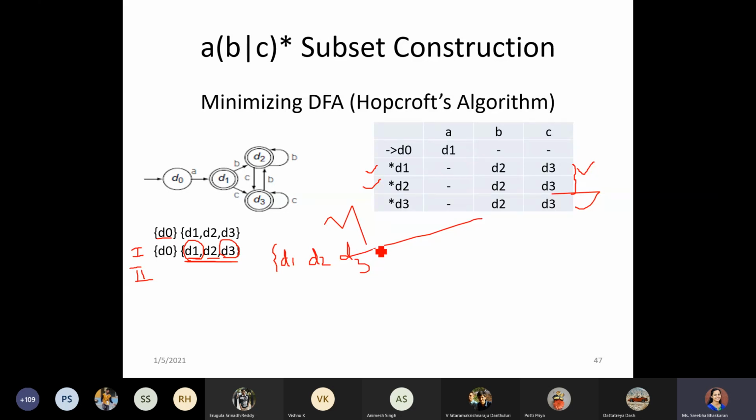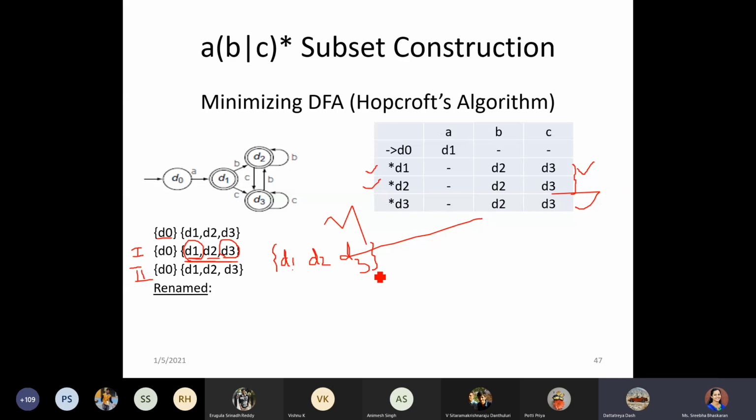So now no more contents, so I can close this bracket. So I can say in the second iteration, I'm going with D1, D2. I'm comparing D1 with D2 and it will be retained. Next, I'm picking D1 with D3 and it will be verified whether it goes along with D1 or whether it goes along with D2.